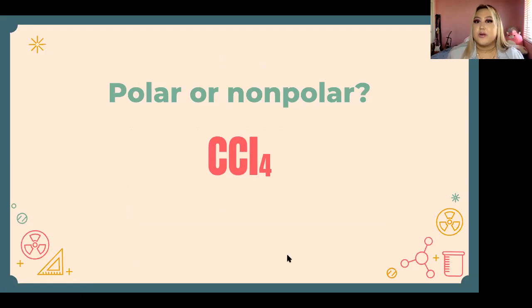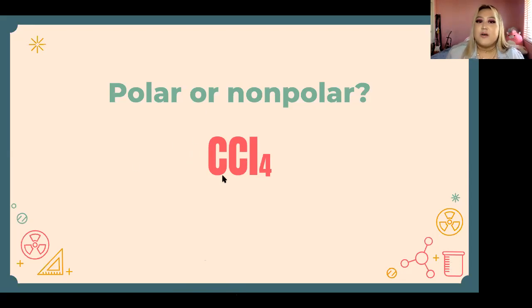Okay. So moving on to my follow-up question for carbon tetrachloride. Is this polar or non-polar? What's our first step on how to determine if this is polar or non-polar? What do we have to create? Yeah, perfect.